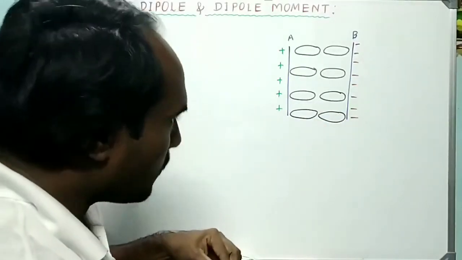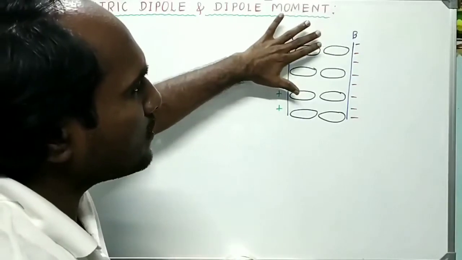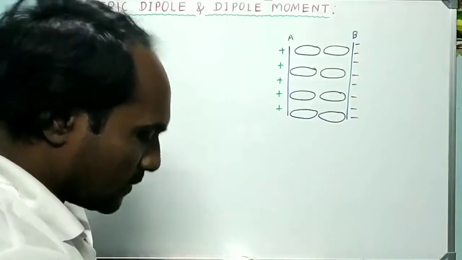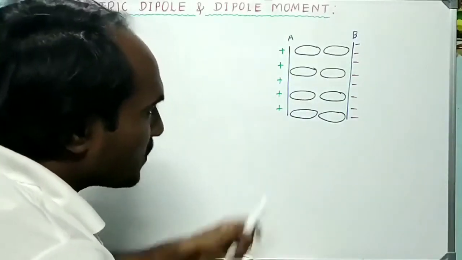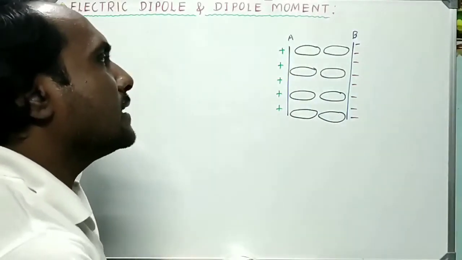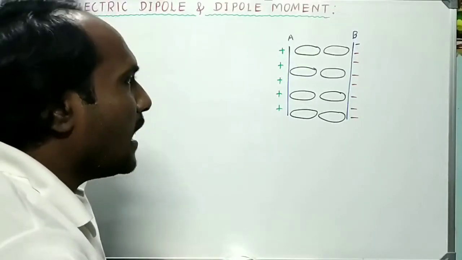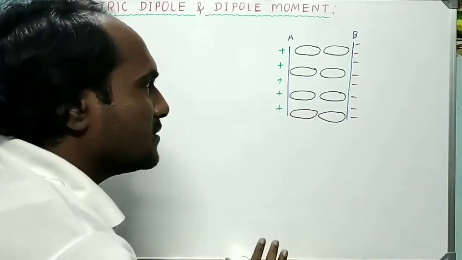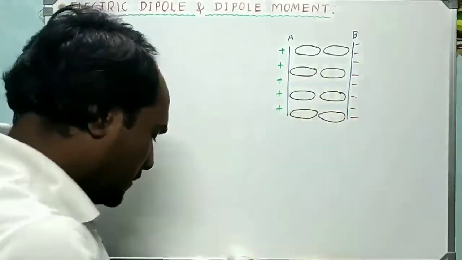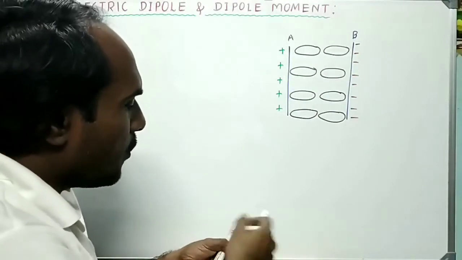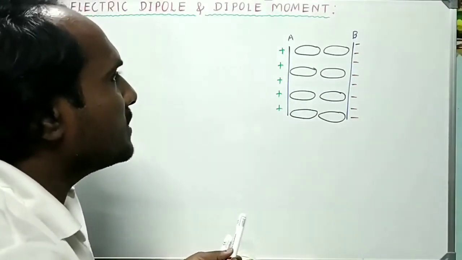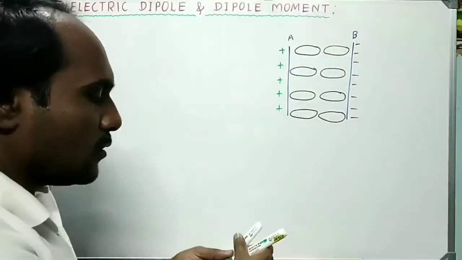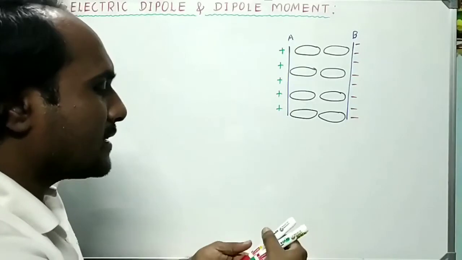Now, when the molecules of the medium are placed between A and B, what happens here? All molecules contain equal amounts of positive charges and negative charges. The positive charges present in the molecules get attracted towards the conductor B, because unlike charges attract each other.